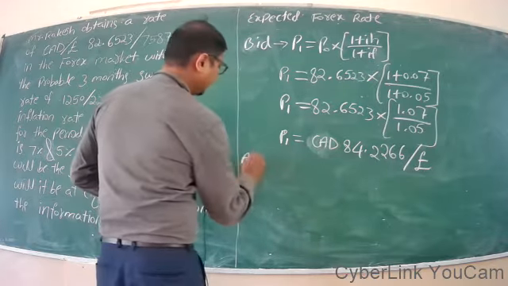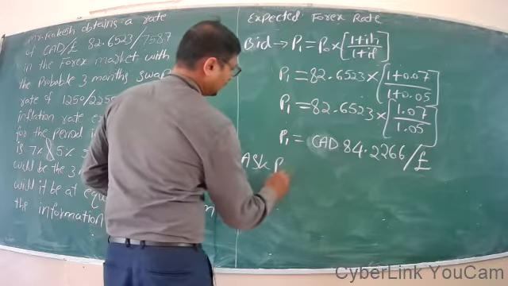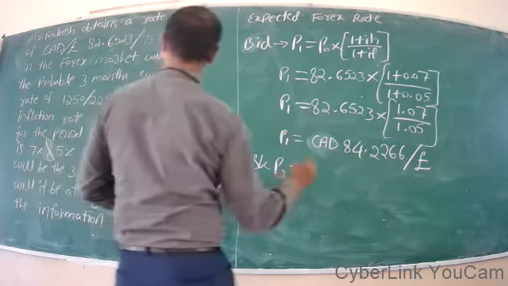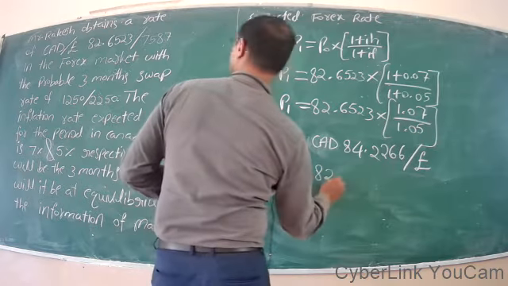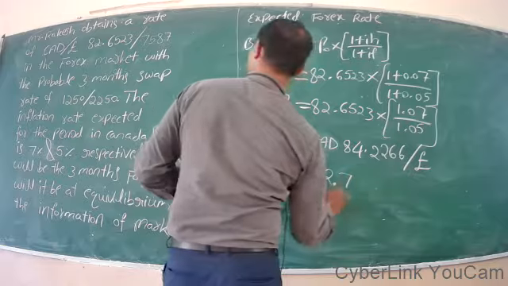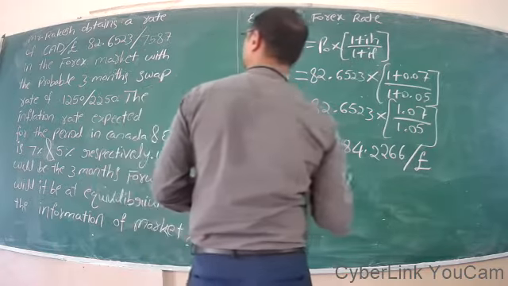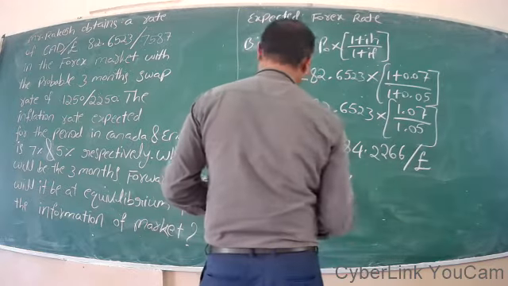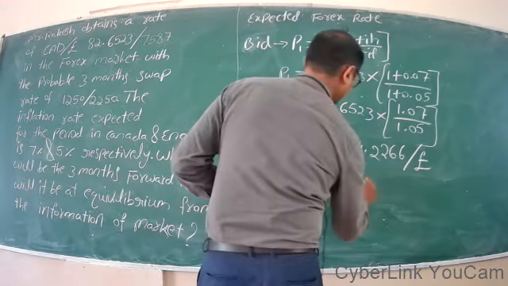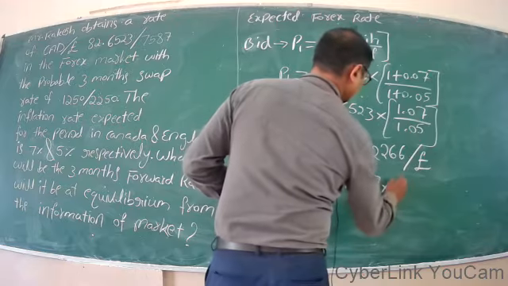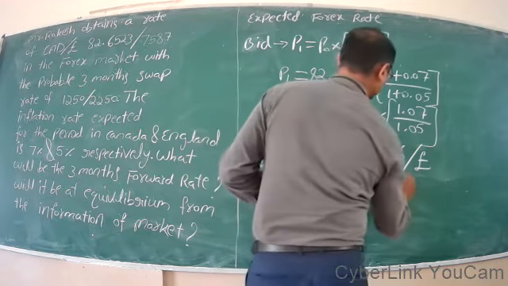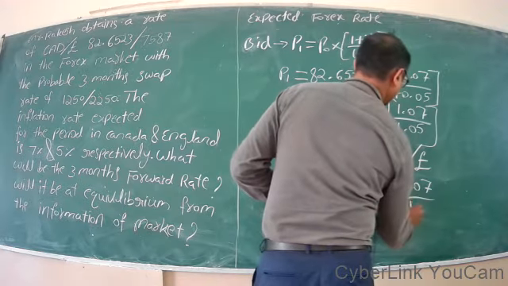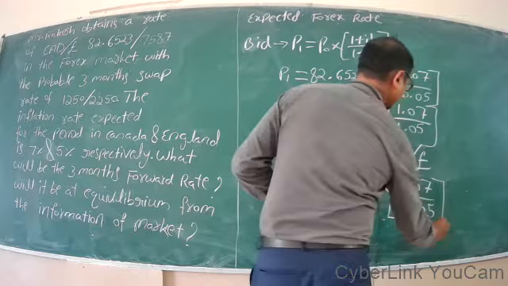Now the ask price, you may call it as price 2. The ask price given is 82.7587. The formula will be the same. P2 is equals to P0 into 1 plus IH divided by 1 plus IF. 82.7587 is the ask price. That should be multiplied with 1.07 divided by 1.05.